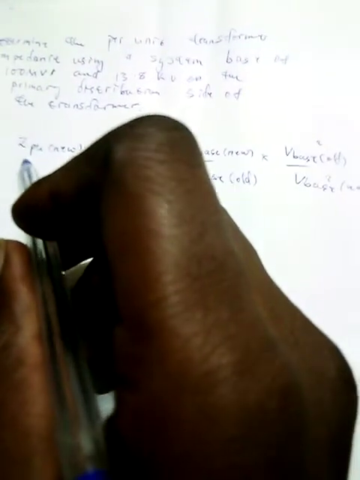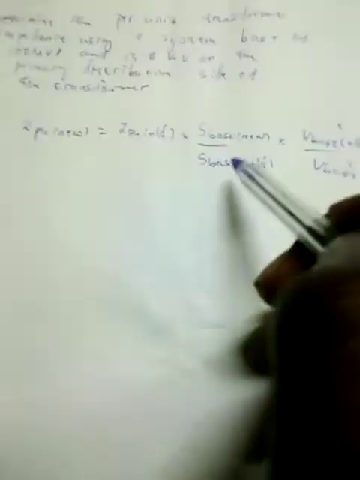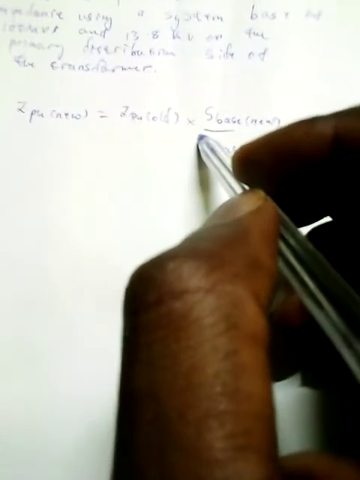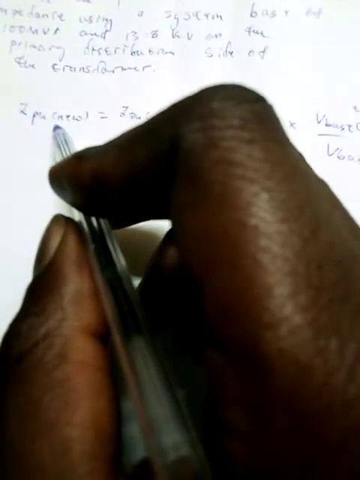What this formula simply means is if ZPU new is my per unit impedance at the new base value, here S base new, which in the question would be 100 MVA, I can use the old per unit impedance I had, and the old base I was using to calculate for this new value.